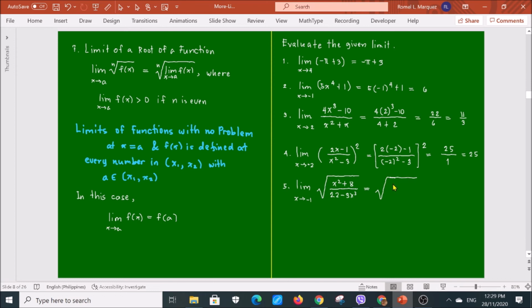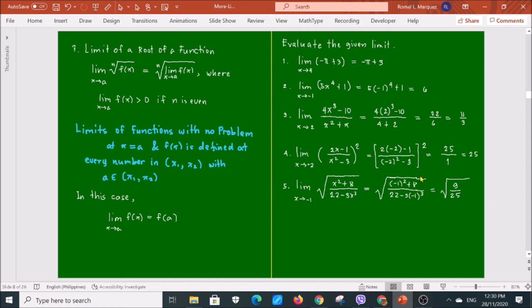And then this is simply the substitution rule. So we have negative 1 quantity squared plus 8 all over what? 22 minus 3 times negative 1 raised to 3. And that is equal to the square root of, what is the numerator? 9. 9 over 25.